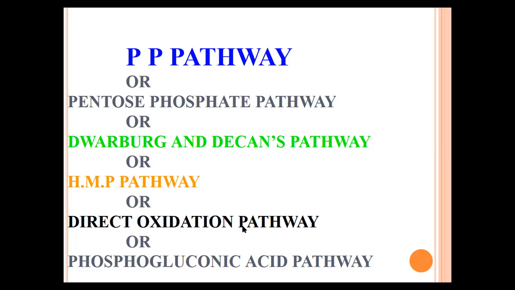So this pathway is also called direct oxidation pathway. In this direct oxidation pathway, the first product is phosphogluconic acid. So this pathway is also called phosphogluconic acid pathway.